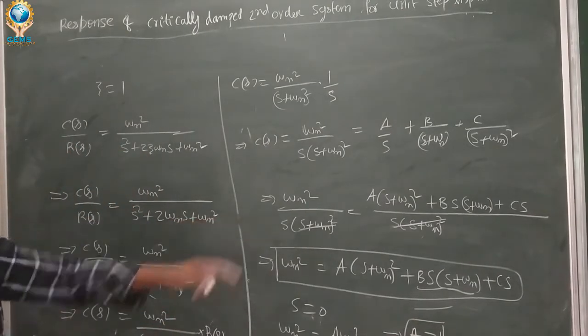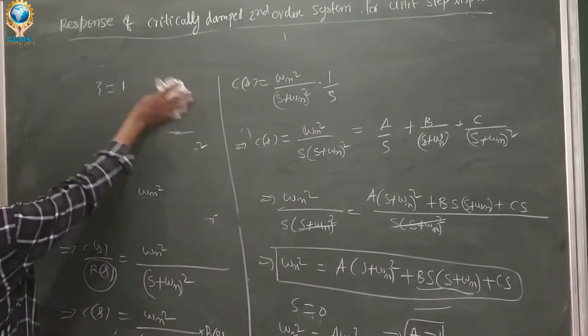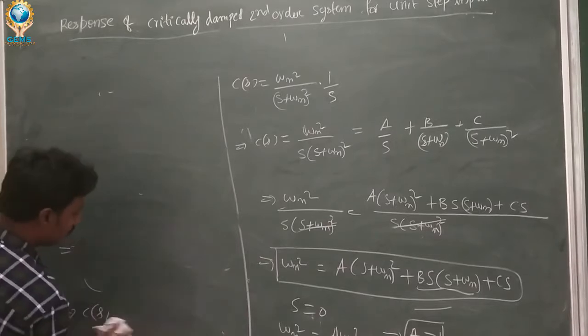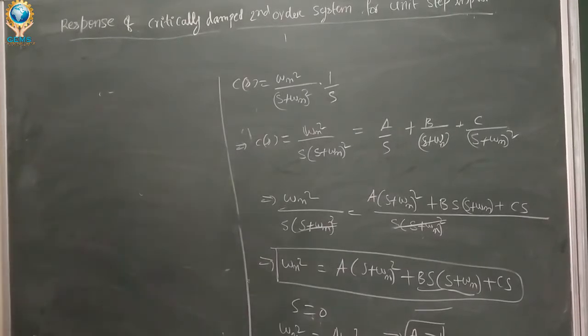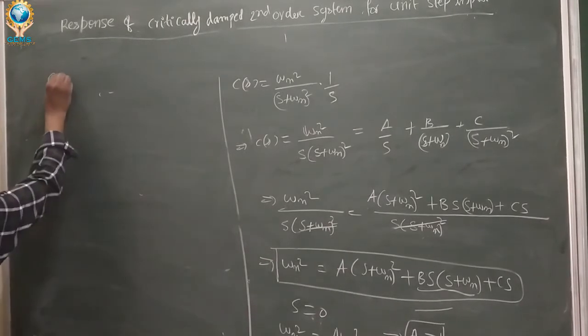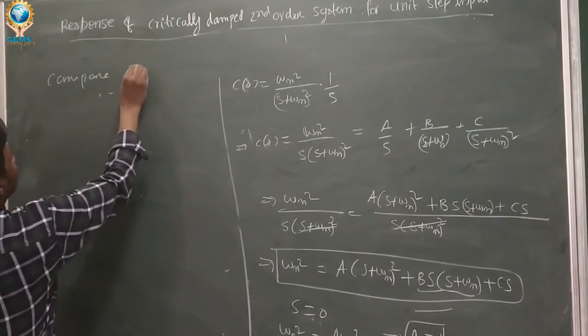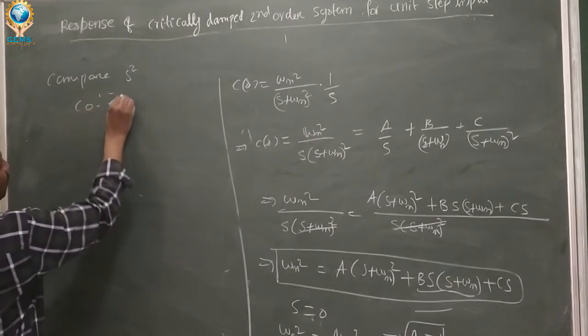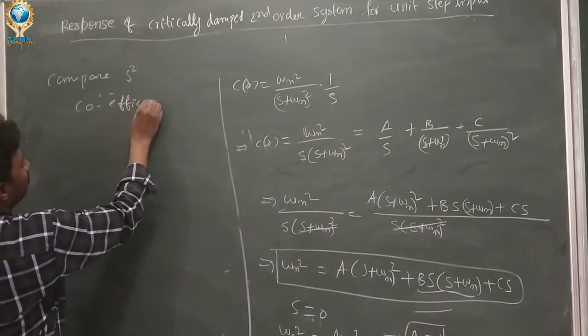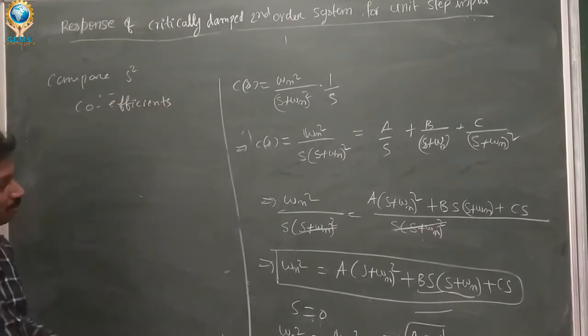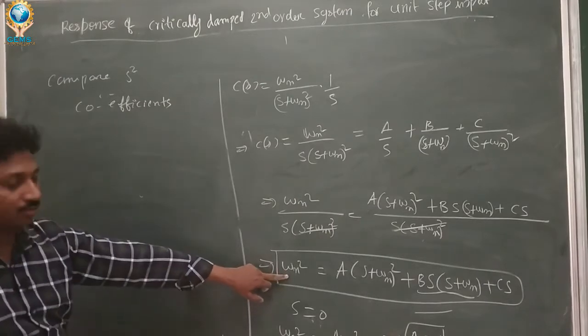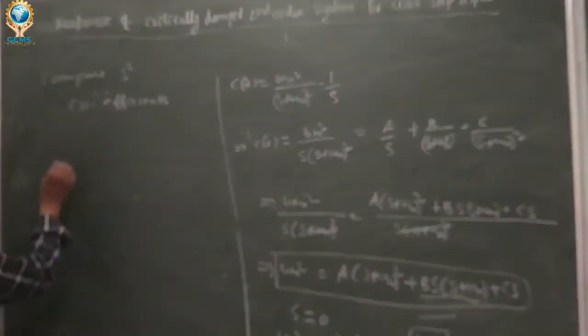So how to find the B and C values? To find the B and C values, use the comparison method. First compare s square coefficients. On the left side, the s square coefficient is 0.